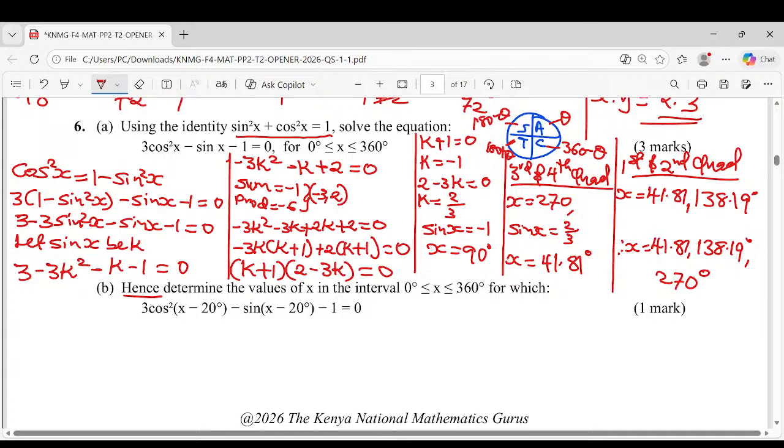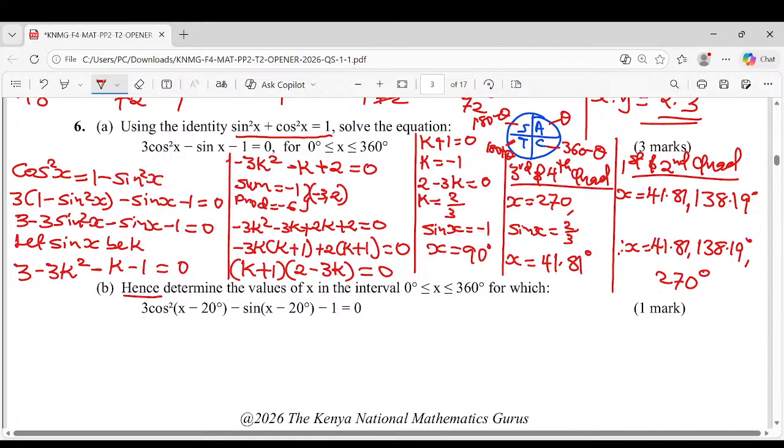So that means from part A we found that 3 cos squared x minus sine x minus 1 equals 0 is satisfied when sine x was 2 over 3 or negative 1. That one we got in part A. In part B, our x is now going to be x minus 20.